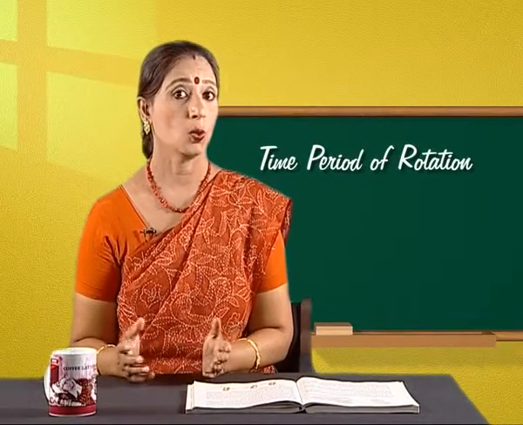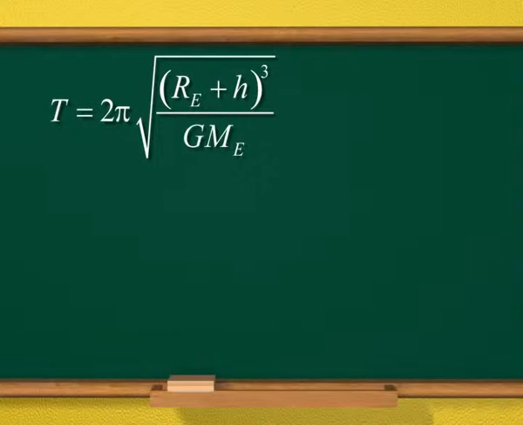The time taken by the satellite to go once around the Earth is known as its time period of revolution, which can be measured as T equal to 2 pi into the square root of the cube of Re plus h upon G Me.